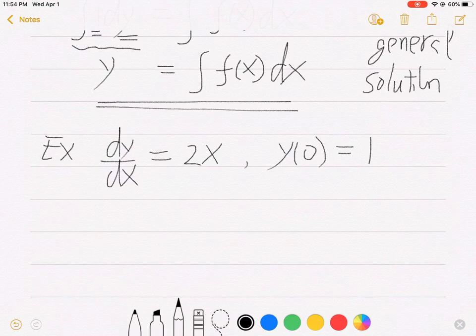This kind of problem has a differential equation and this condition.